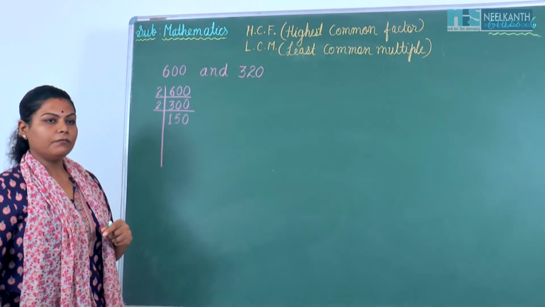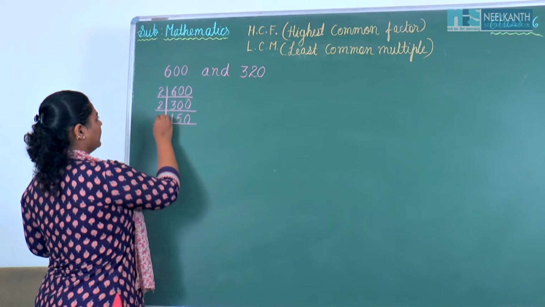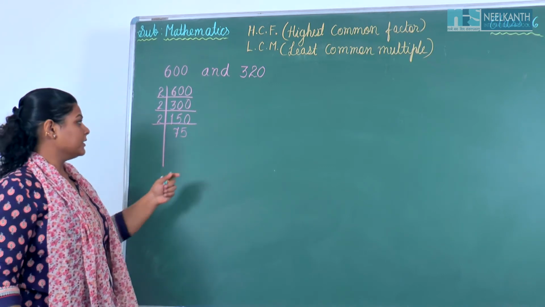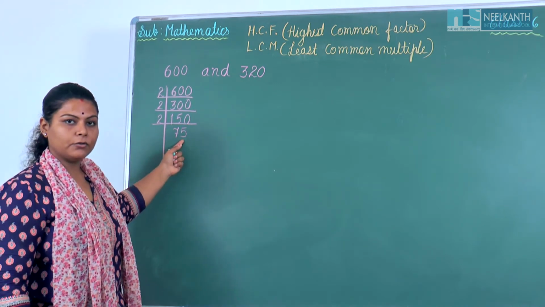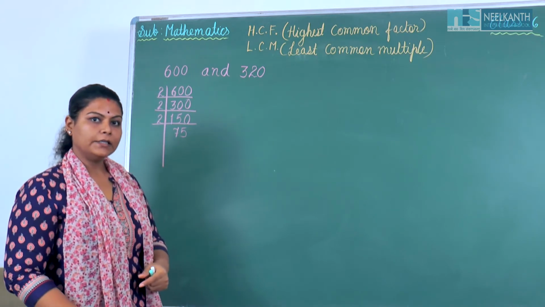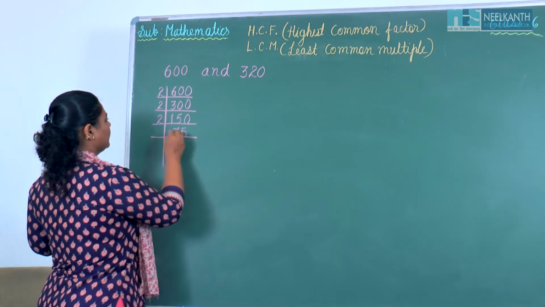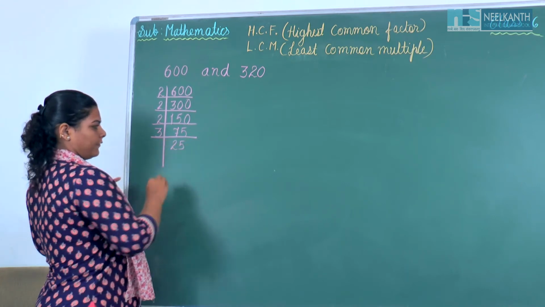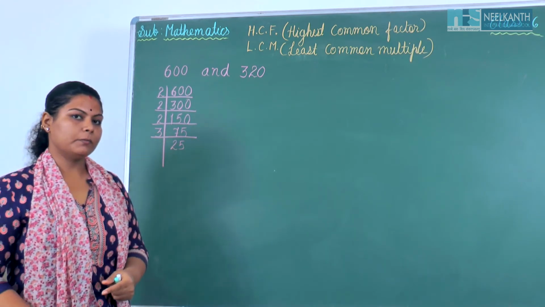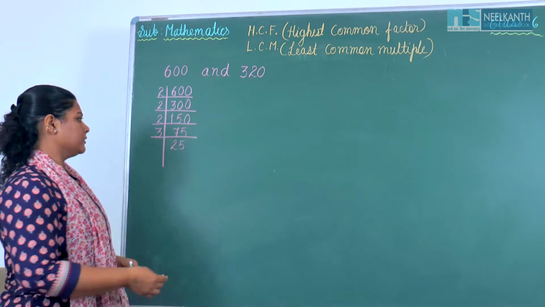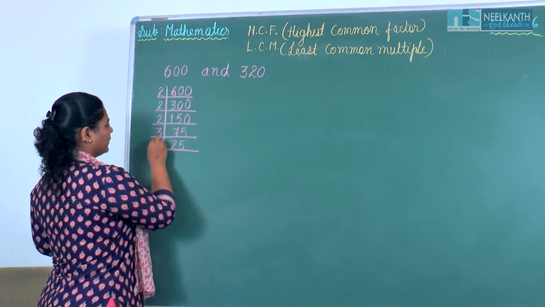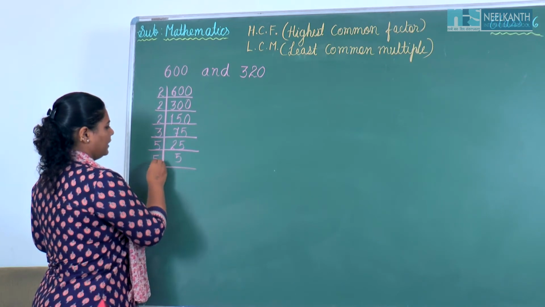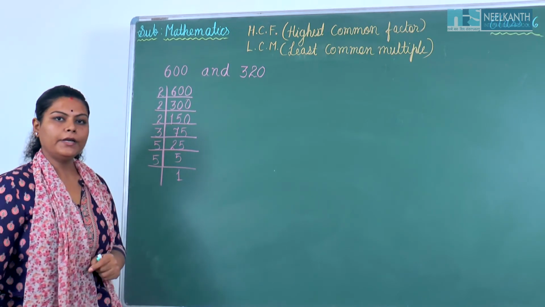If we divide 150 by 2, it will be 75. Now this number is not divisible by 2, so we will move to 3. If we divide 75 by 3, I will get 25. Now 25 is not divisible by 3, so we will divide 25 by 5. So 5 fives are 25 and 5 ones are 5.